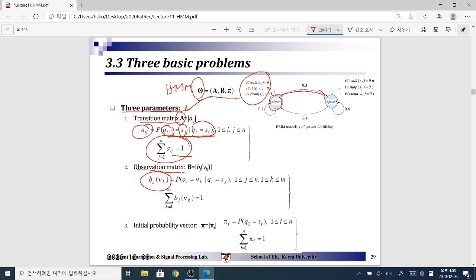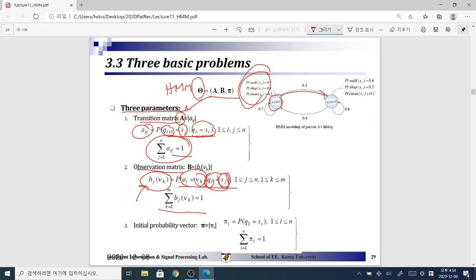So for example, b sub j of v sub k means that it would be the conditional probability conditioned on the specific state. So at time t, being at the jth state, given that state, it would be the probability of the observation at time t being symbol v sub k. So that would be represented by this b sub j of v sub k. And the sum of all these emission probabilities or observation probabilities would be equal to 1.